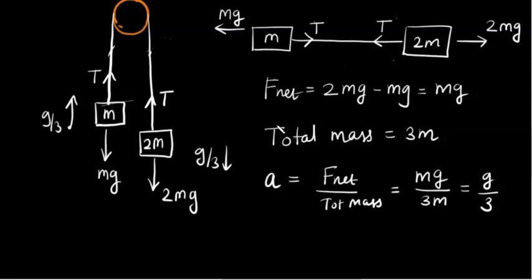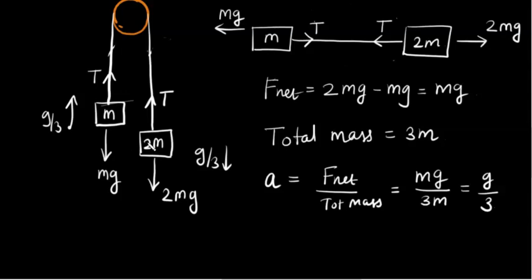So what we have done here, we have taken this problem in the form of horizontal blocks. The blocks are kept in a horizontal direction, and on the block 2m there is a pulling force 2mg downwards. On the block m there is an mg force pulling downwards.